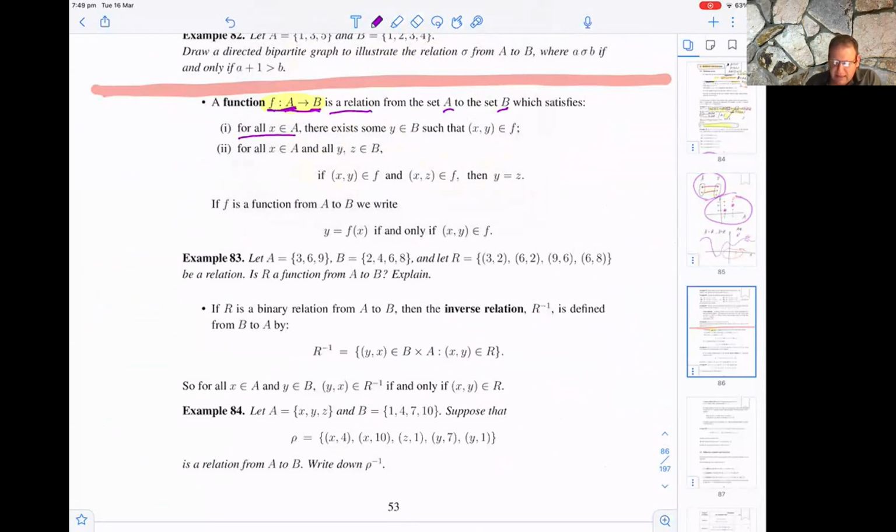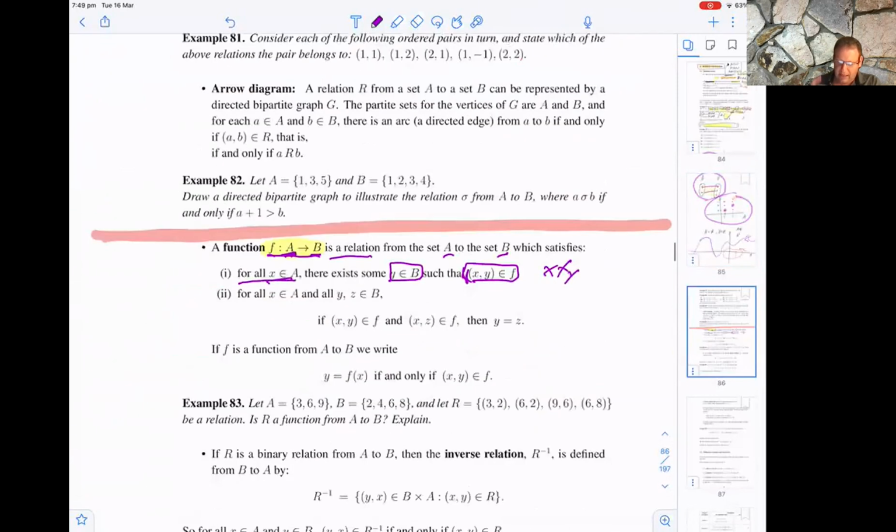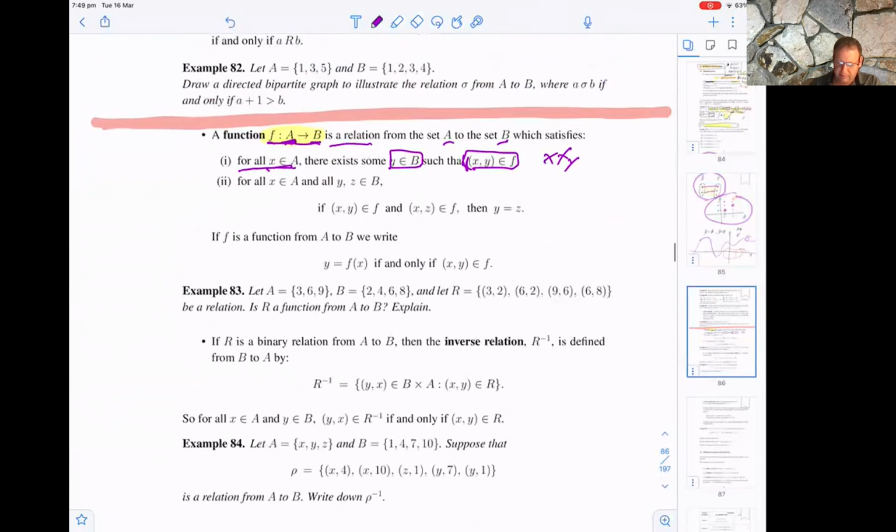For any x in A, you need some y in B that's in the relation. I could have written this as x f y, according to the relation rules. So that means for any x in A, you have something in B. So if the function is defined over all of the reals, then for any real value, I get some element. At least I get an element.